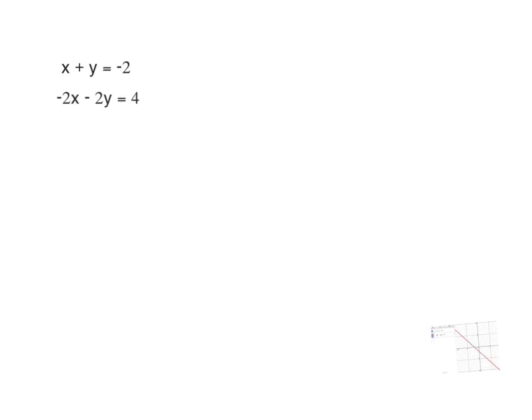When we look at this one, x plus y equals negative 2, do you think we should solve this one by elimination or substitution? Substitution. It's easy to isolate either the x or the y at the beginning, right? Which one do you want to isolate? X. So this becomes x equals negative 2 minus y when you subtract y from both sides. And then fill it in over here.